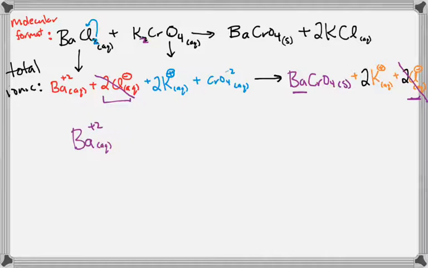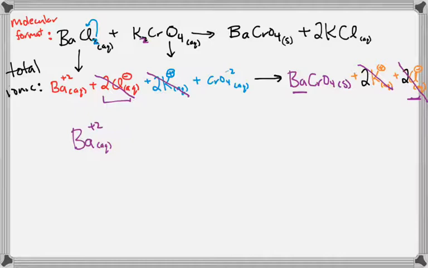I don't write them down. Next one, potassium ion aqueous. You'll notice that that also shows up on both sides of the equation in the exact same state, which means I can cancel those, so I don't draw those on the next line.